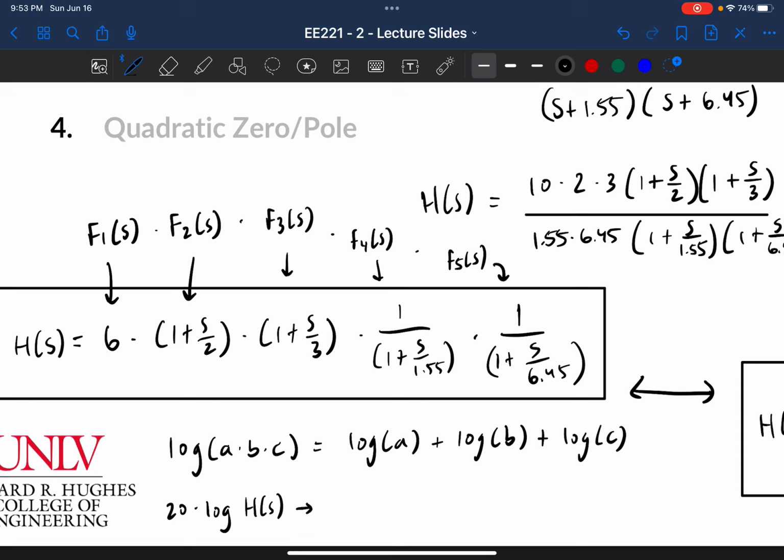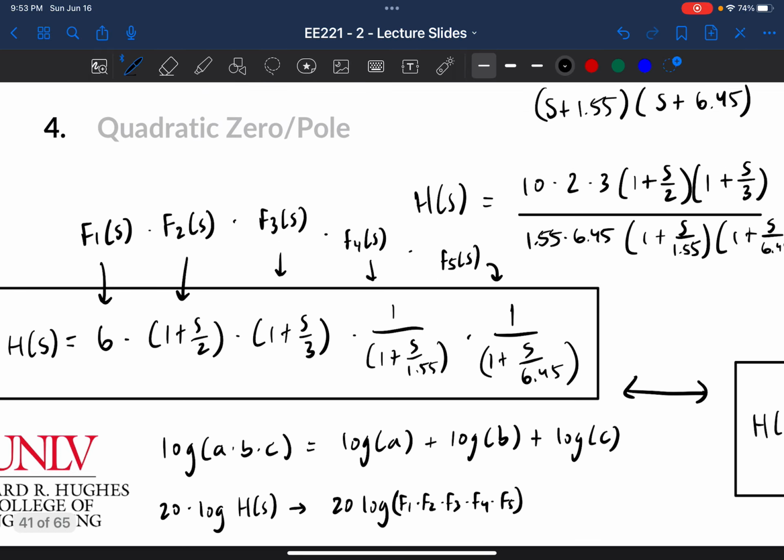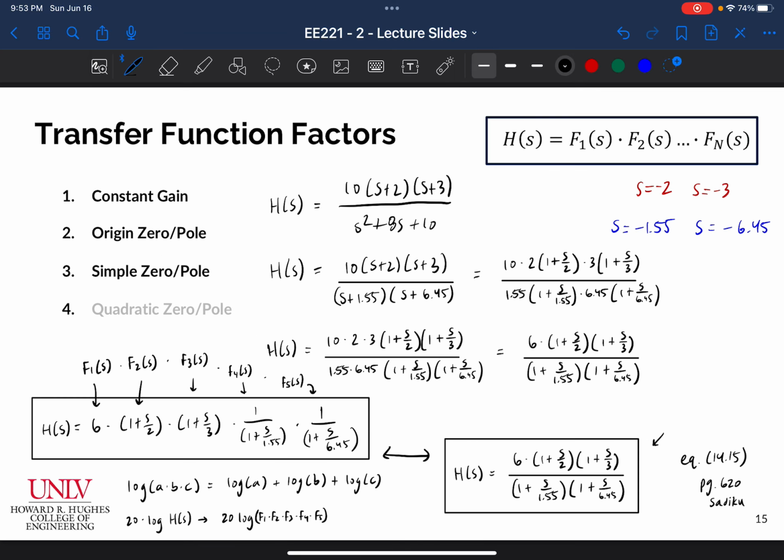And so in this case, because h of s is a product of all these factors, what we really need to do is we just need to take 20 times the log of factor 1 times factor 2 times factor 3 times factor 4 times factor 5, right?